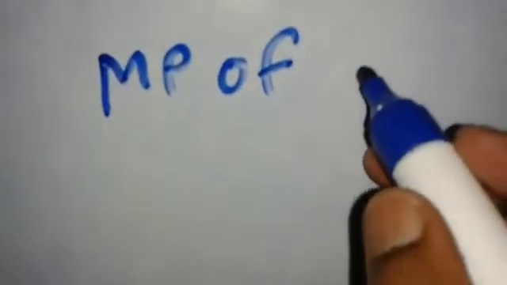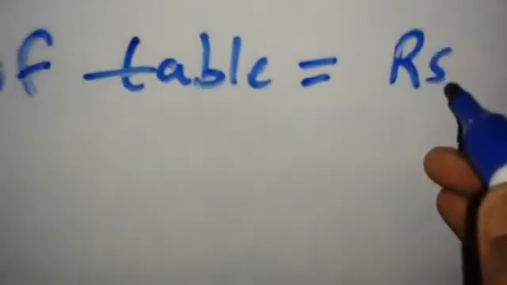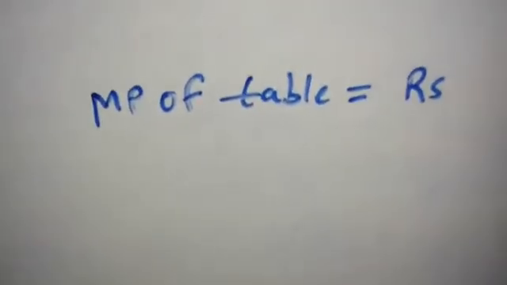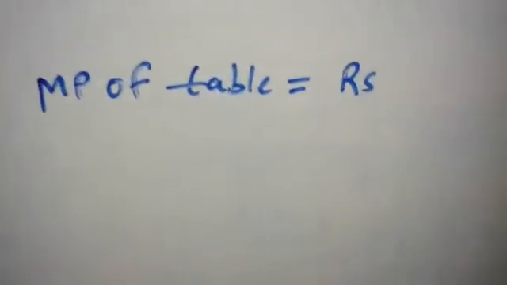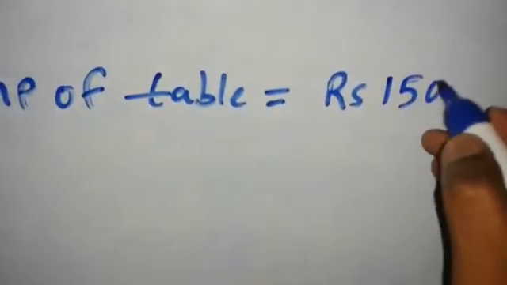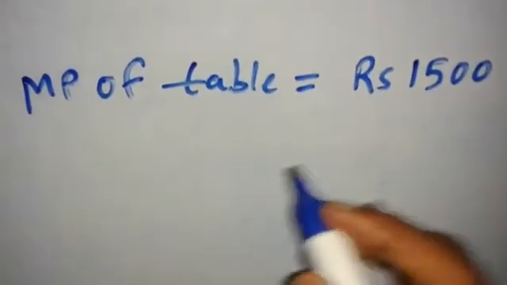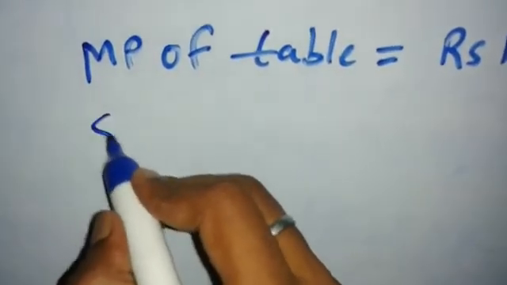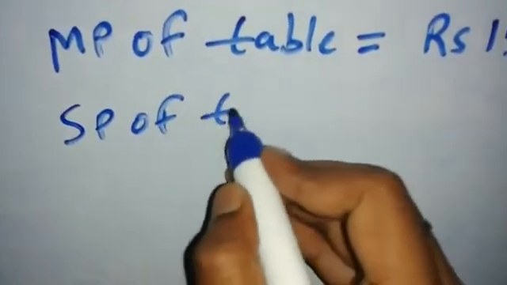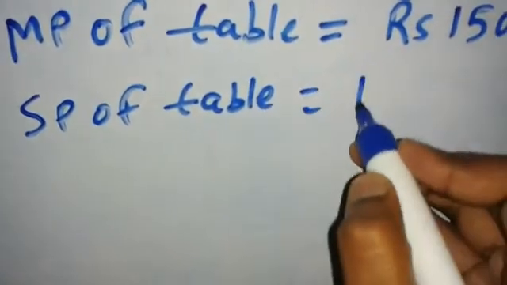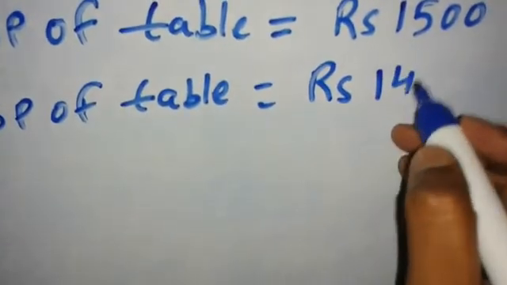So here the MP of the table is given as rupees 1500 and the SP of the table equals rupees 1440.